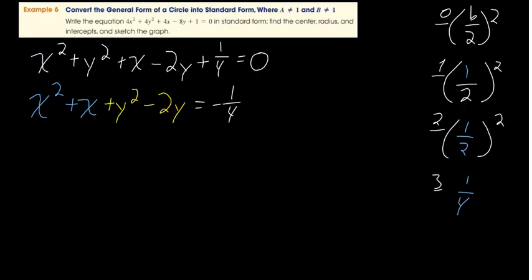So I'm going to make the left side x plus 1/2 quantity squared. Okay, so I've got a negative 1/4 here. I'm going to add 1/4 to the right side.